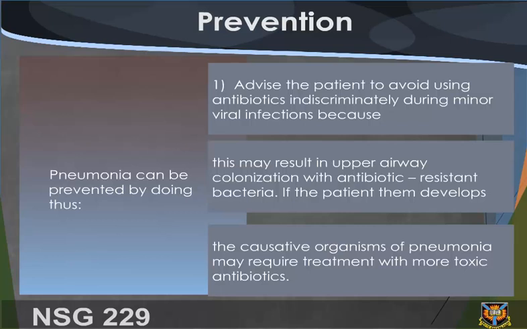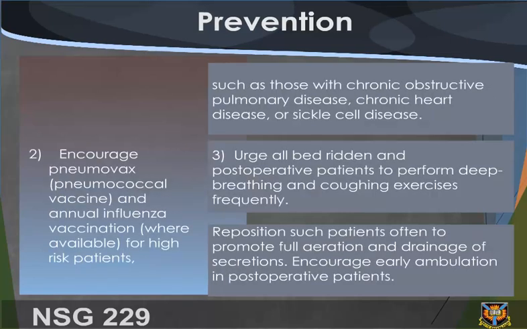If the patient then develops the causative organisms of pneumonia, they may require treatment with more toxic antibiotics. 2. Encourage Pneumovax, pneumococcal vaccine, and annual influenza vaccination where available for high-risk patients such as those with chronic obstructive pulmonary disease, chronic heart disease, or sickle cell disease.